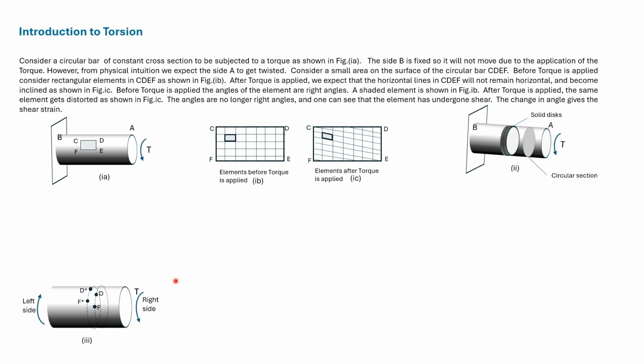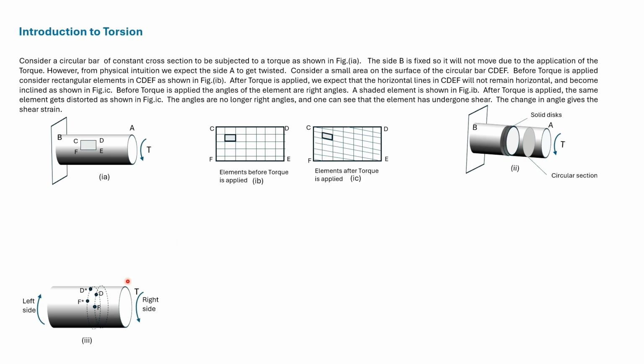Now let us look at this bar from the right end. An anticlockwise torque has been applied from the right end. If we look at the bar from the left end, we also see that there's an anticlockwise torque acting. So the conditions from the right end and the left end are exactly the same.